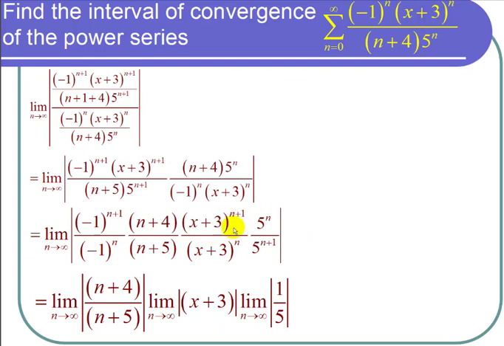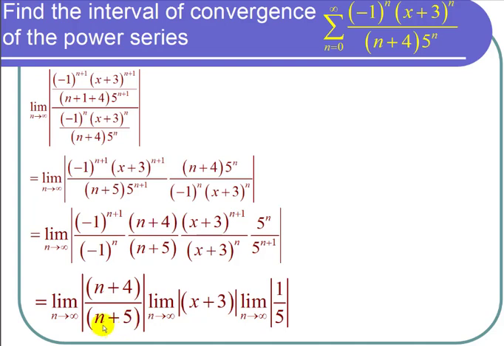For (x plus 3)^(n+1) over (x plus 3)^n, I can use a rule of exponents, and that says that I can subtract n plus 1 minus n, which is just 1, and I get (x plus 3) to the 1, or just x plus 3. Similarly, for 5^n over 5^(n+1), I use the rules of exponents, and that says I subtract n plus 1 minus n, and that's just 1, and I just get 1/5.